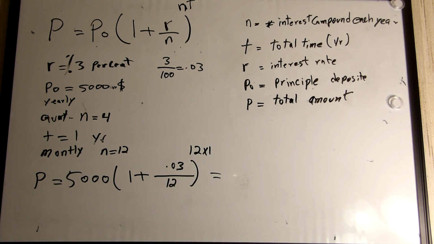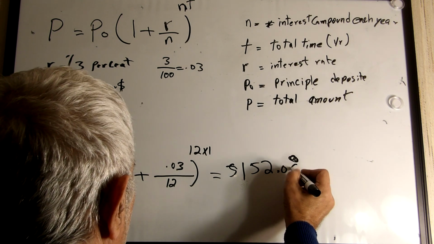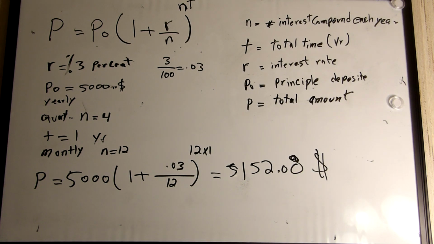Let's see what the answer is. $5,152.08 if it's monthly, versus quarterly.